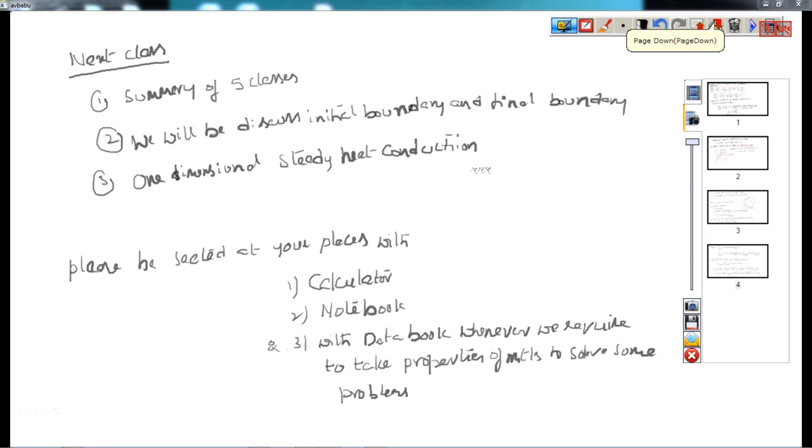For this we require a calculator, notebook, and a data book. I already told you in the first class that a data book written by Domkundwar is enough for me to solve some of the problems.